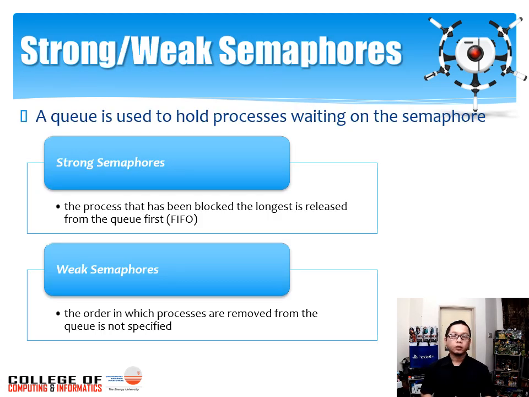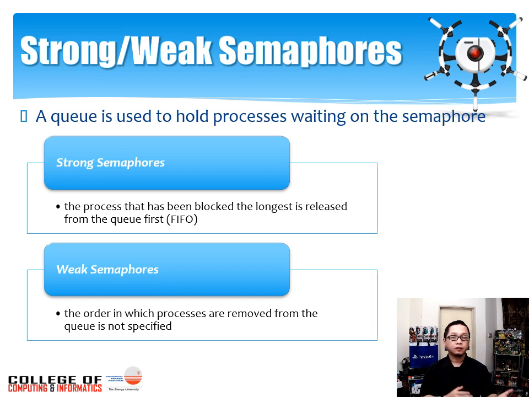Now, depending on how you design or write a semaphore program, it will determine the type of semaphore that you have. First of all, if you have written a proper queue for your processes, then you have a strong semaphore. It simply means that your queue system has a proper way to enable the process that has been blocked the longest to be released from the queue first.